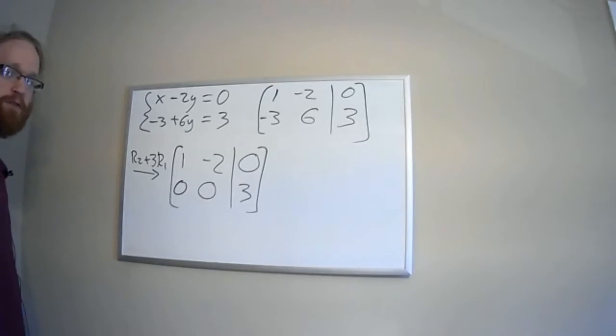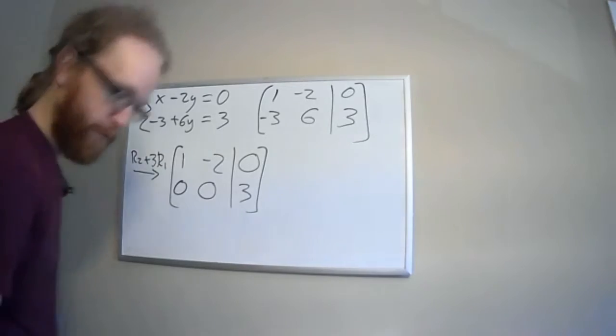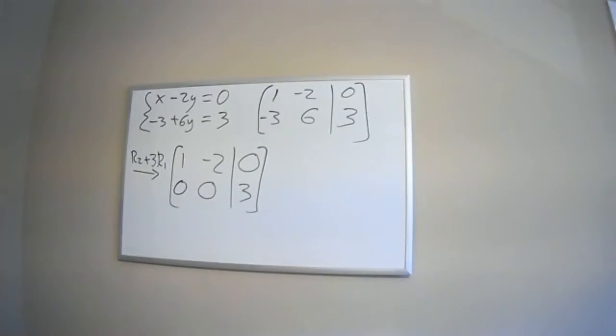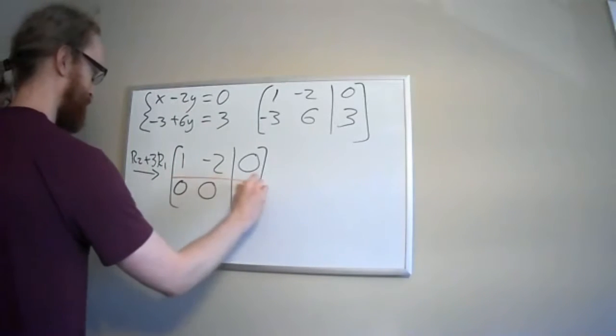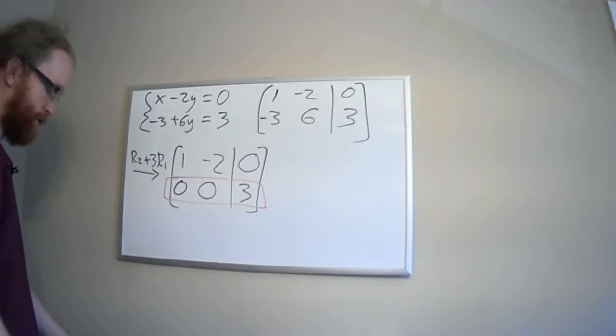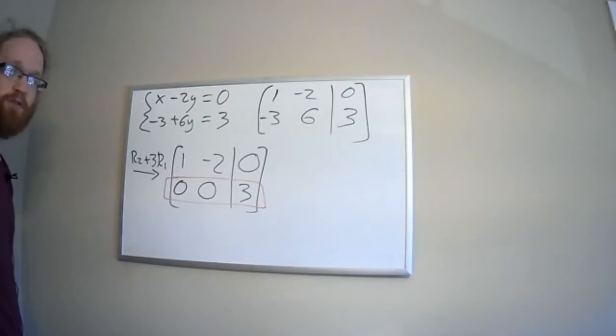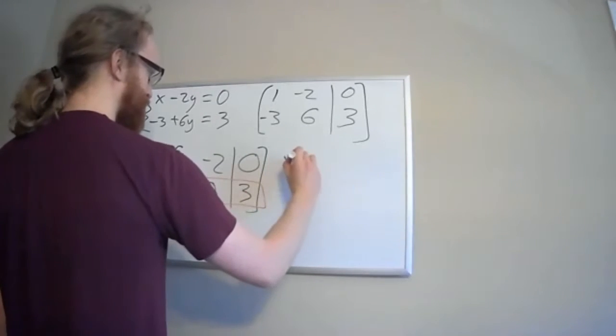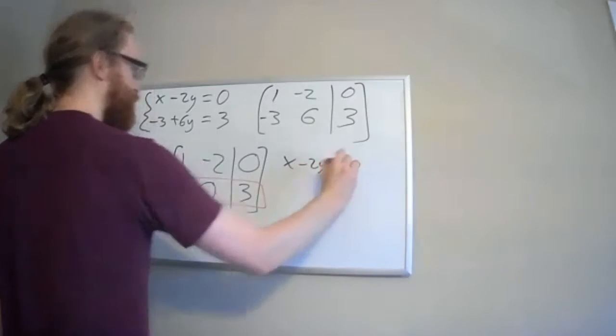So I'm supposed to be able to find the solution from this, but what's wrong? What's wrong is if we look at that second row. If I tried to turn this matrix back into a system of equations, what am I going to get? I'm going to get x minus 2y equals 0 for the first row.